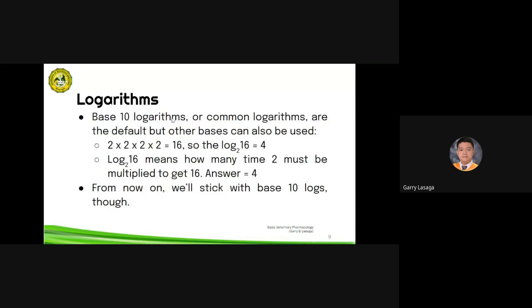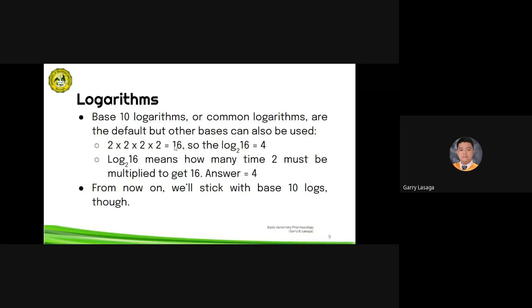So base 10 logarithms. In our example kanina, we use 10 as our base. But in other logarithmic scales, they are also using other bases. For example, we can also use the number 2 as our base.